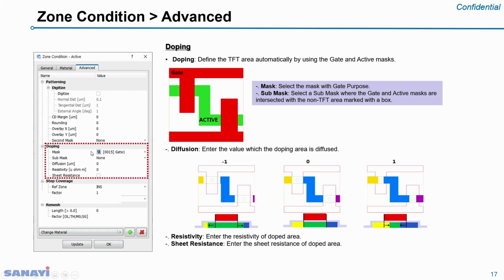First, select the gate mask in the mask item, and you can also modify the values of diffusion, resistivity, and sheet resistance. I will talk about the submask later on. So, the difference in the doped area according to the diffusion value is as follows. If a value greater than 0 is entered, the doped area is expanded.